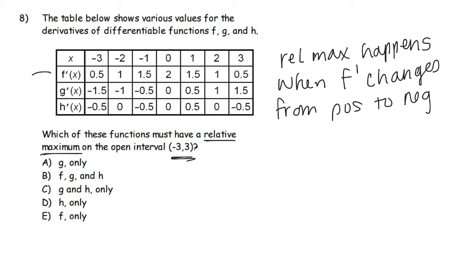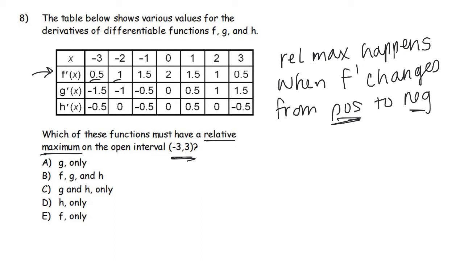Well, notice f of x here. All of these derivative values are positive, so that tells me that the original function is only increasing. Well, let's look at g of x. We're looking for positive to a negative. The only thing I see for g of x is changing from a negative to a positive, so that's right the opposite.